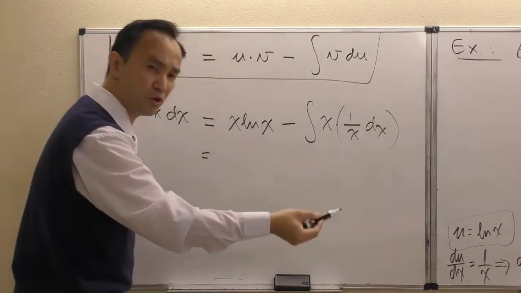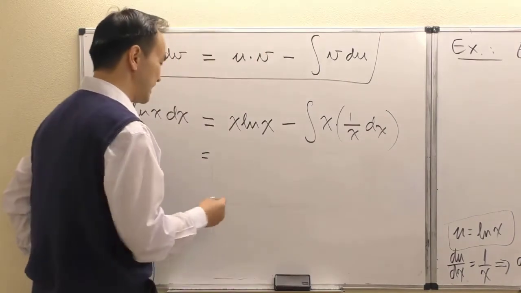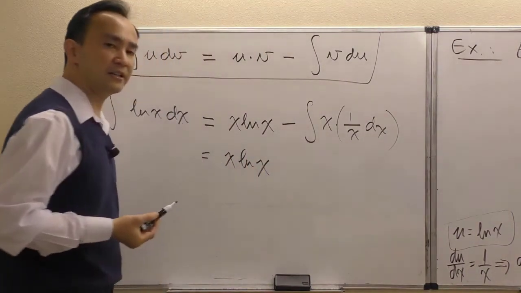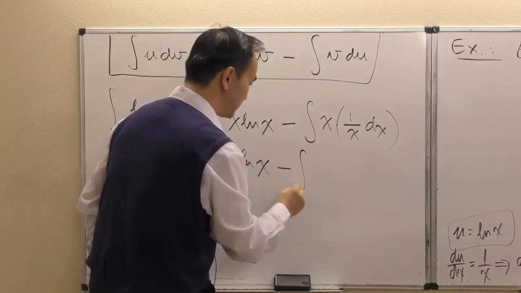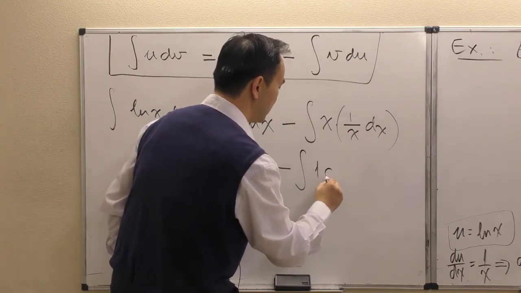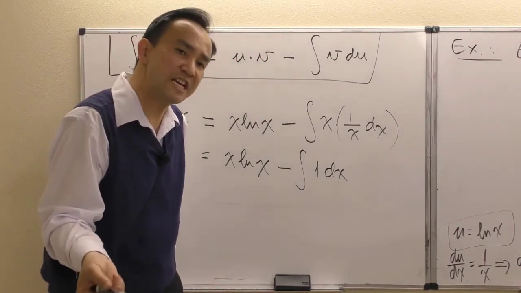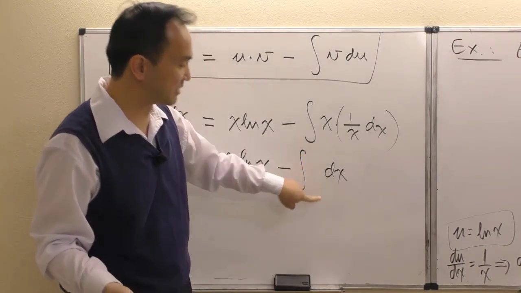This first term stays the same because there isn't anything else to be done with that. But now the integral becomes the integral of just simply 1 dx again. Or when you get mature enough in math, this is just simply the integral of dx. We can just simply skip it like that.